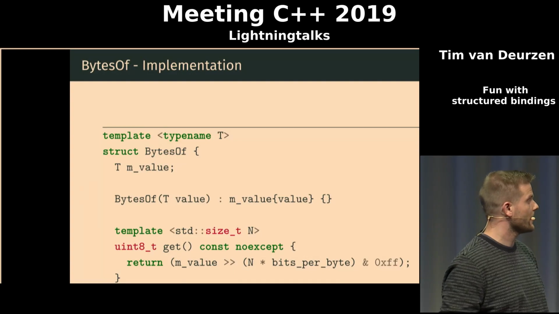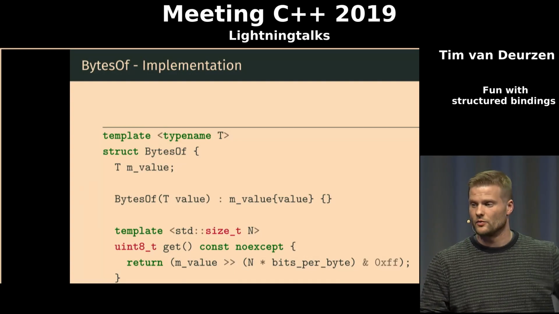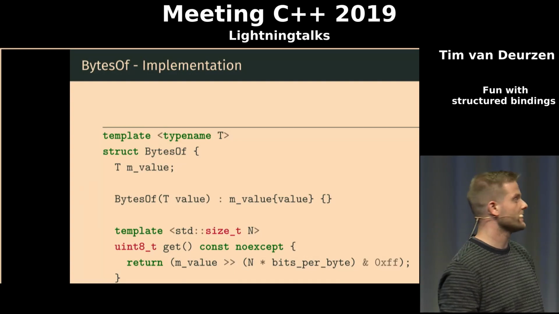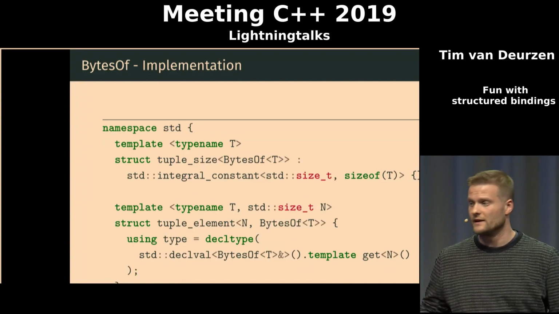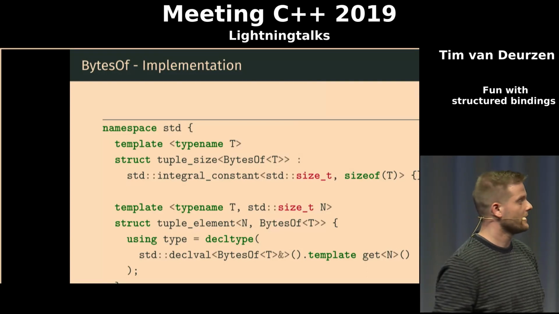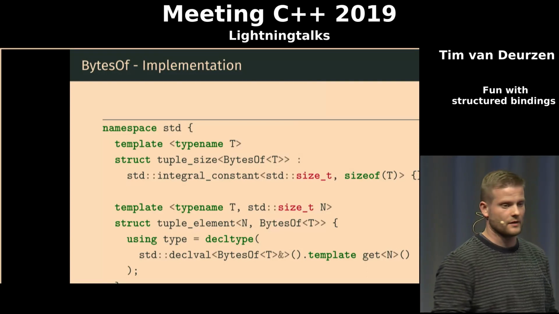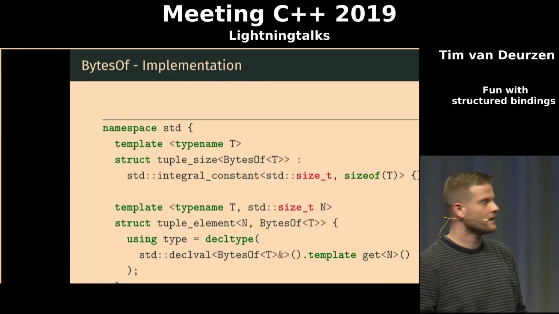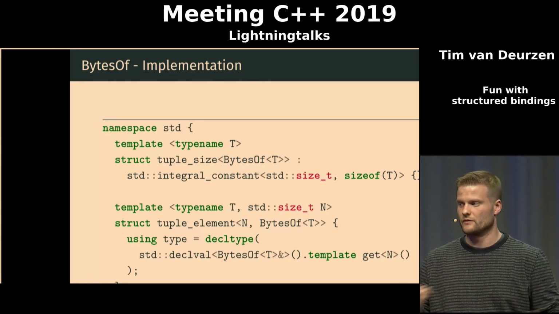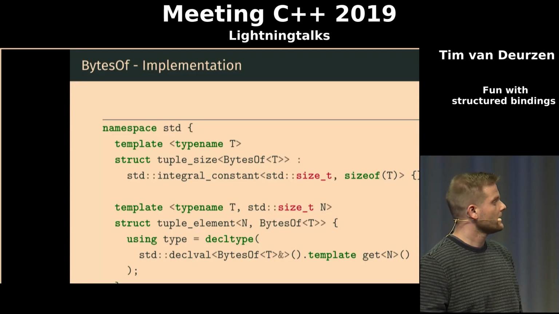We take the value, and our function get shifts it appropriately and returns the byte that we're actually interested in. We can use sizeof to figure out how many of the elements we actually need. And then we once again use decltype to figure out the exact value that we want to have. Of course, in this case, it's just a byte. But you can imagine you can use all sorts of different ways you can combine this.